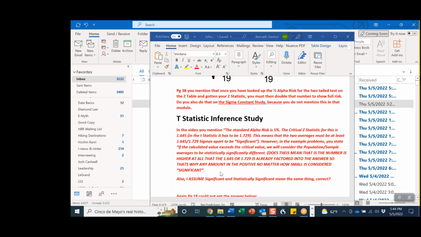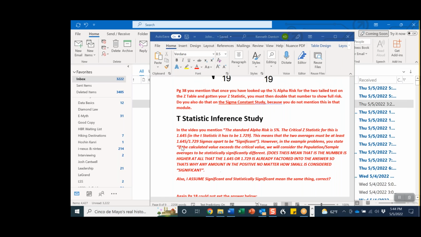I don't know what you mean by you're good. It just means they're statistically significantly different. I get that. But I thought it had to be 1.645 or greater to be considered statistically significant. Yeah, that's true. If it equals 1.645, it's still statistically significant at the 5% alpha risk.